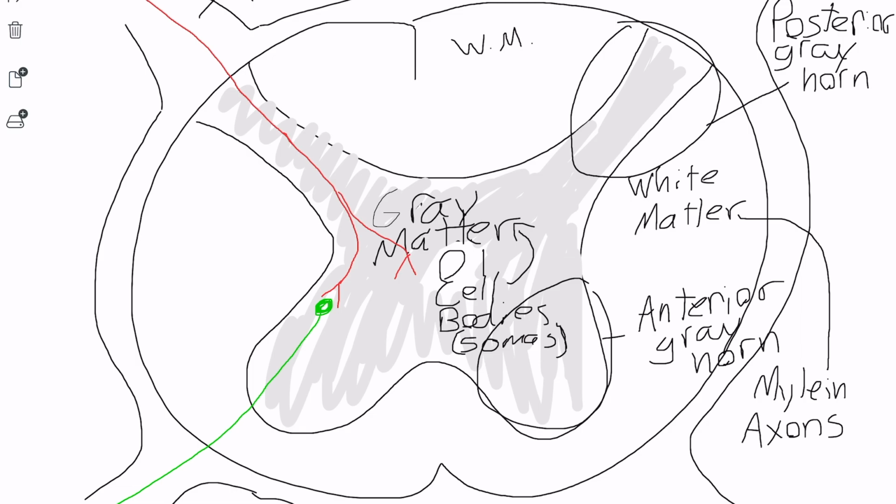Now let me represent the flow of information here with some arrows. So information coming in on our afferent sensory neuron, and information flowing out on our efferent motor neuron.